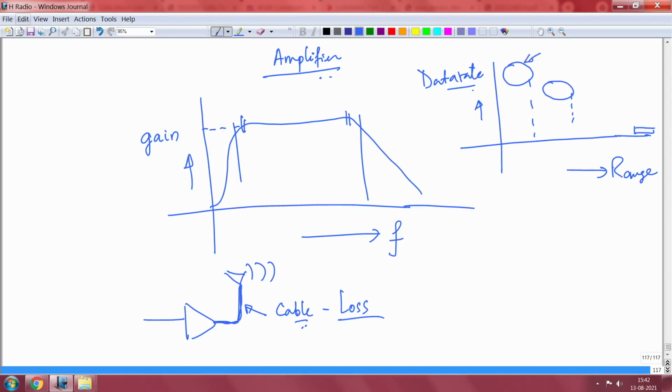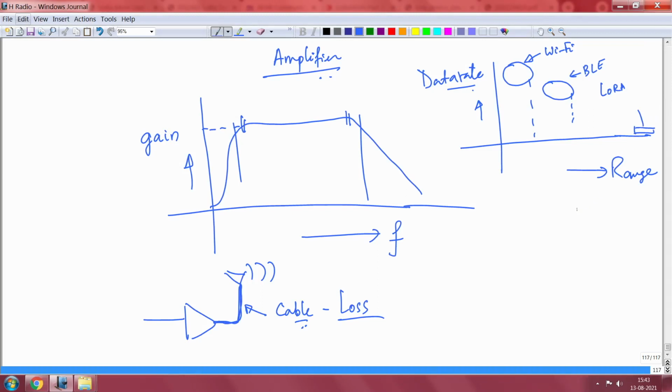This is typical of what Wi-Fi does, this is typical of what Bluetooth low energy does, this is typical of LoRa. Okay. You will definitely appreciate now, because the data rate is so low in LoRa, the range is very high.